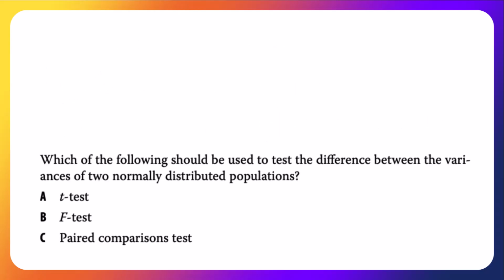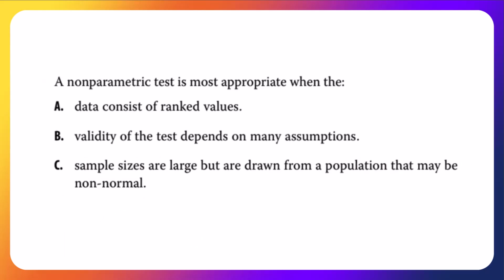Which of the following should be used to test the difference between the variances of two normally distributed populations? Since we have two variances, it's not going to be a chi-square, which we don't have here. We're testing variances. We can get rid of t-test. We can get rid of paired comparison test because they don't test variance. We have an f-test. A non-parametric test is most appropriate when the A, data consists of ranked values.